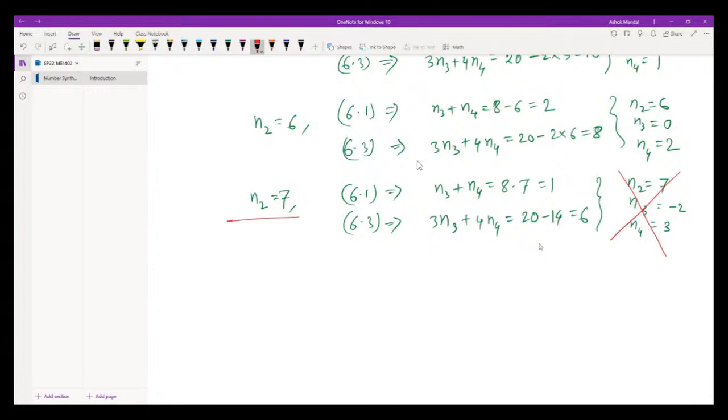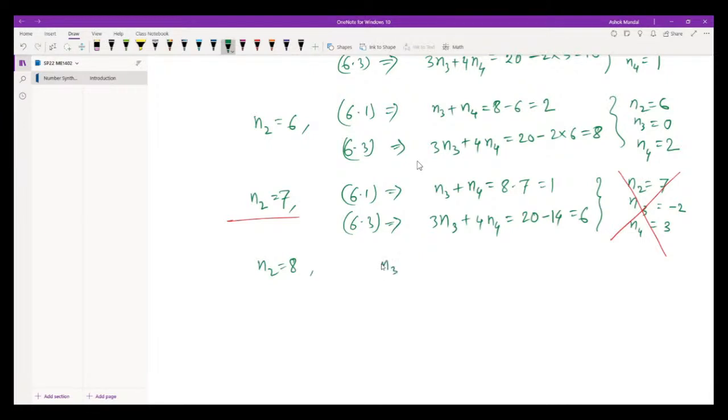Can you see now the limitation of constructing a mechanism? You cannot take any number of links or any order in that mechanism. Similarly, if we go for n2 equals 8, can we have something here?